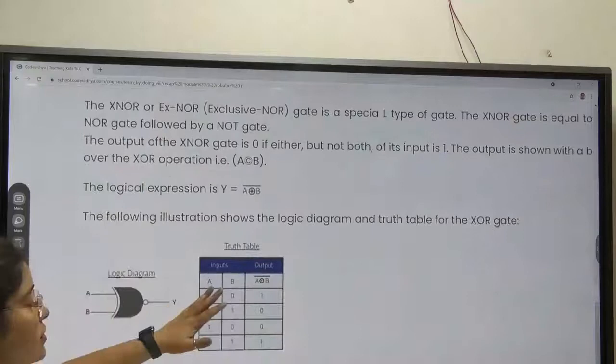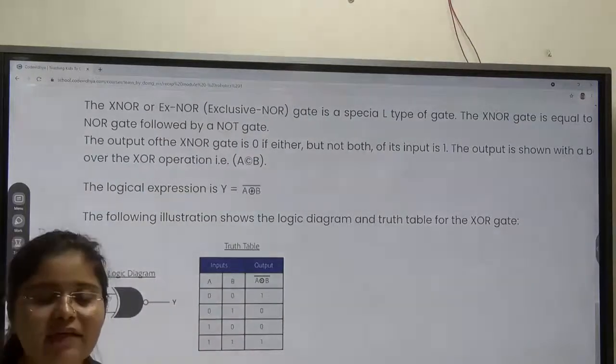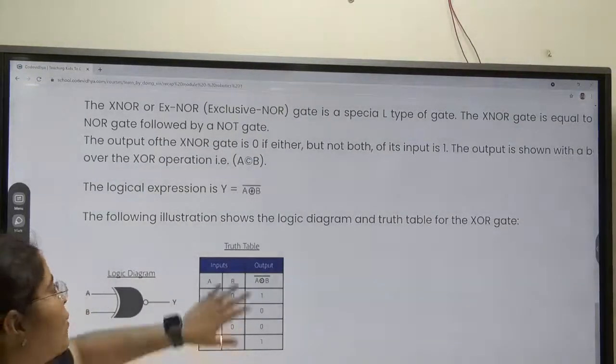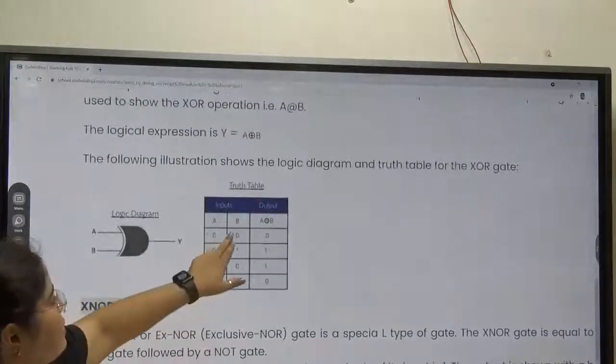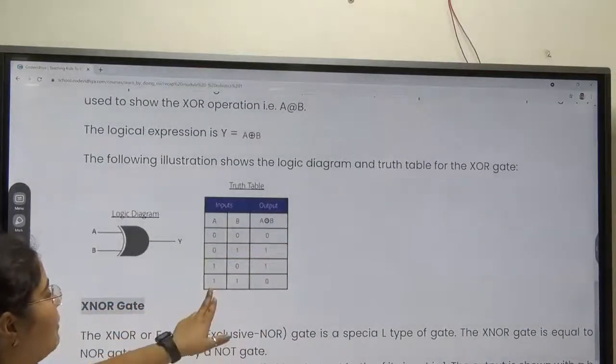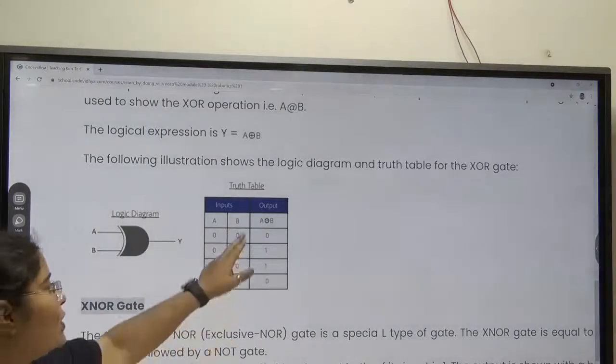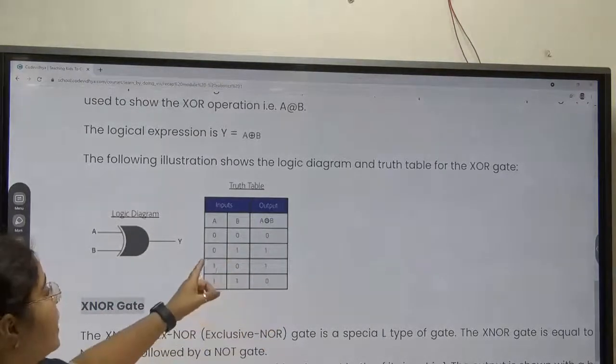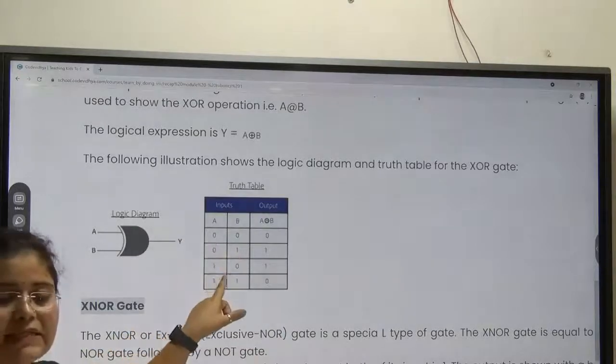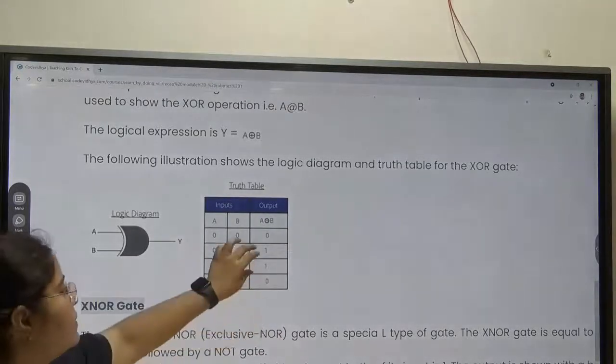See, so this is the basic difference. In the XOR gate, if both inputs are the same, then the output will be 0. But in the XNOR gate, if both inputs are different, then the output will be 0. See how? In this, we are having 0, 0, the output will be 0. We are having 1, 1, the output will be 0.